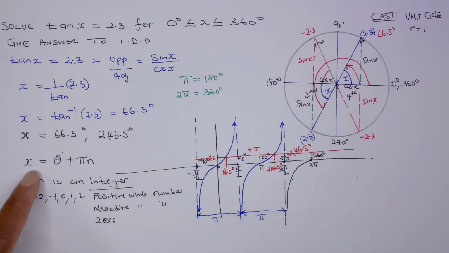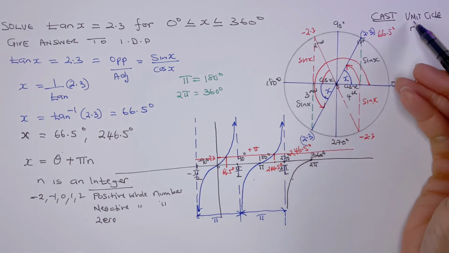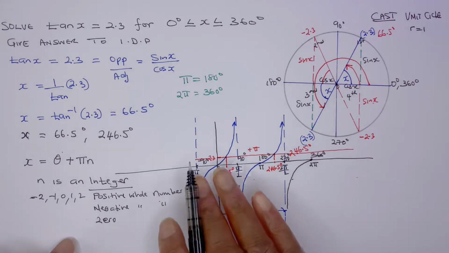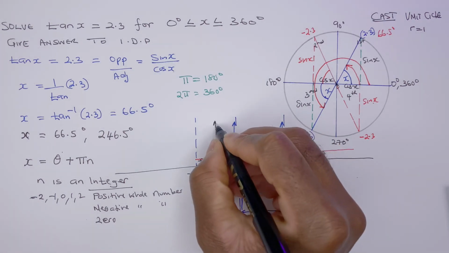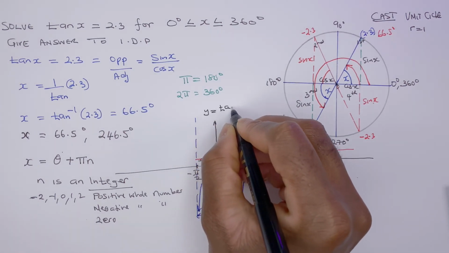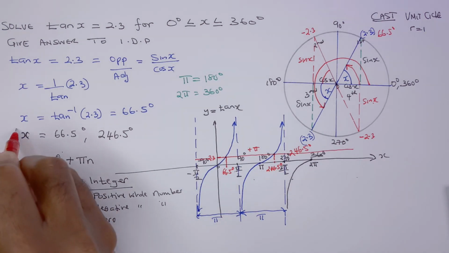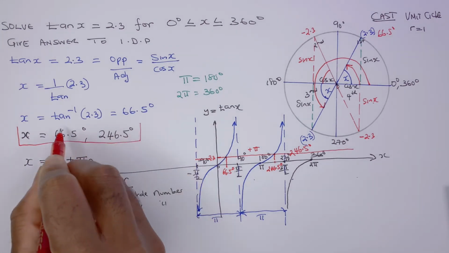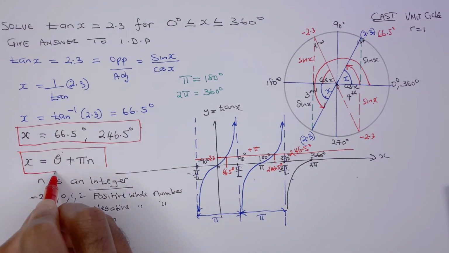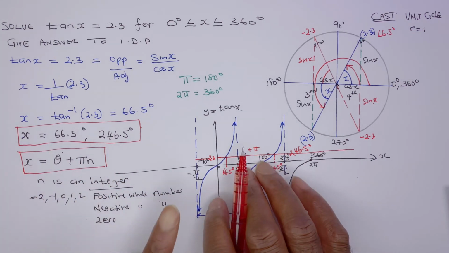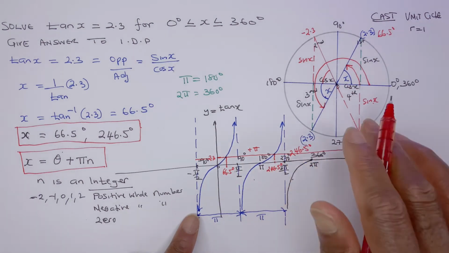So you could have used a simple formula to do it, or explained it with the CAST unit circle diagram, or using the tangent function, where this is y equals tan of x, and this is the x-axis. So the solutions are these values, and you could use that formula, or the tangent function graph, or the CAST unit circle diagram graph.